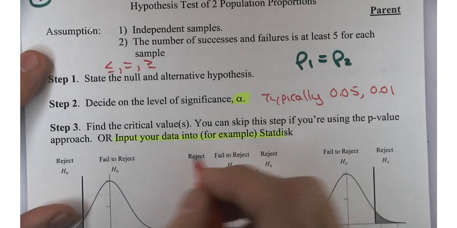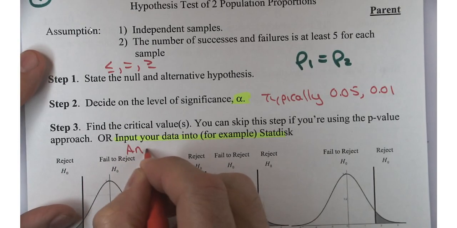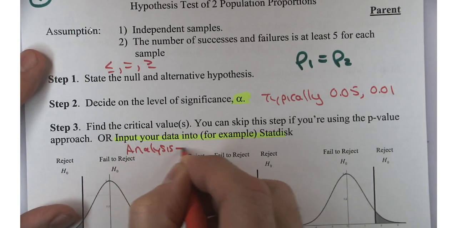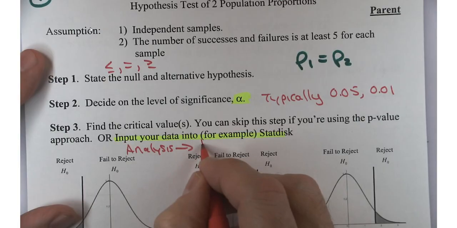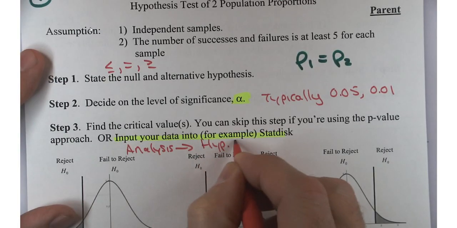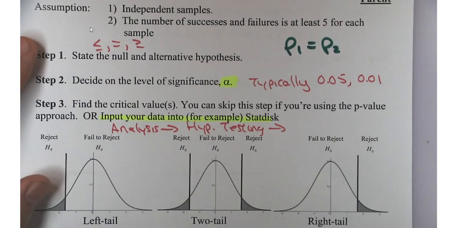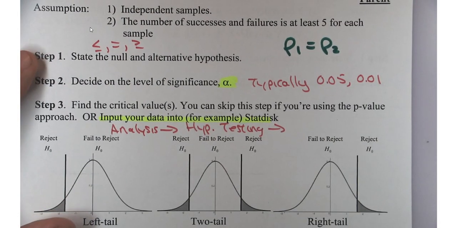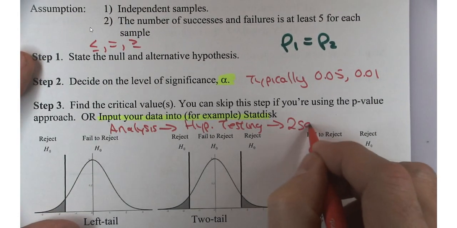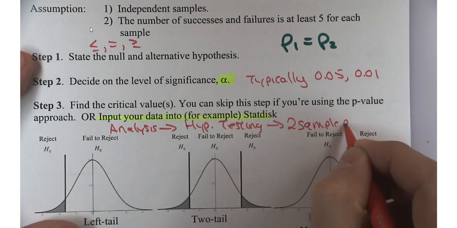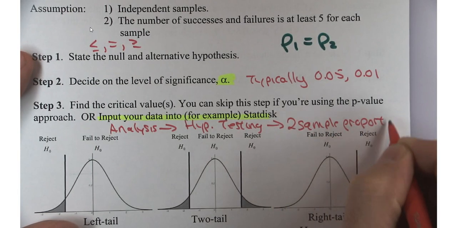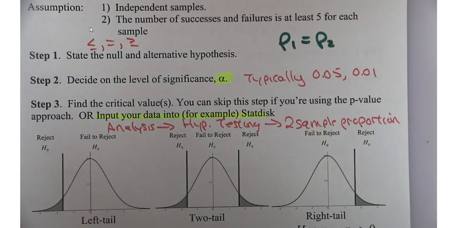Analysis. Good. So analysis, and then hypothesis testing. And from there, two sample proportions. So that's where you're going to go under StatDisk. The analysis menu is going to get 98% of the work done that you need in this class.